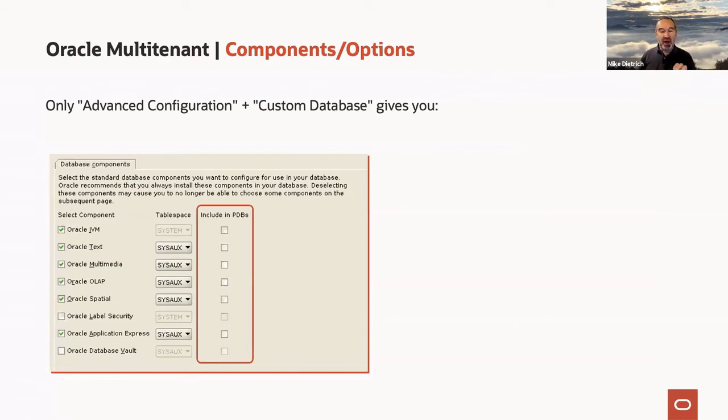That means whenever I provision a new PDB, that PDB has nothing else than the Oracle server and XML or XDB. XDB it is. So be careful. If you want it in a PDB$seed, you have to make sure there are marks here, include in PDB as well.